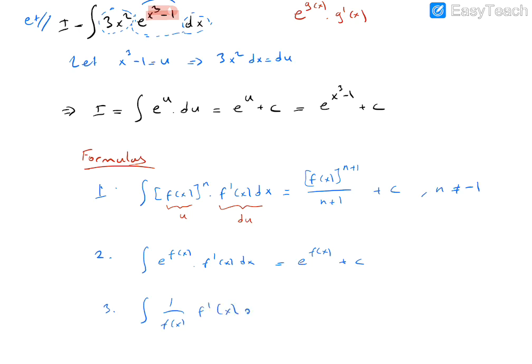So now if you say f of x is u, f prime dx will be du. So you will obtain 1 over u du. This is ln of absolute value of u. So it is ln absolute value of f of x plus c, the integral of that one.